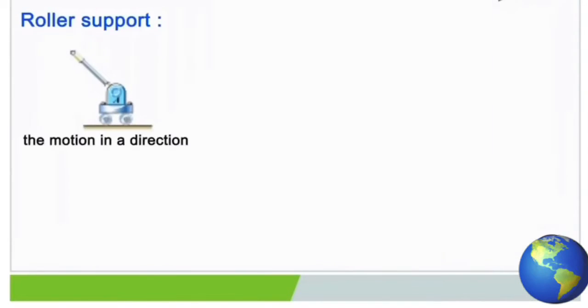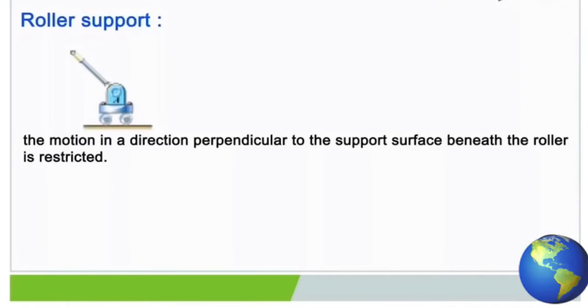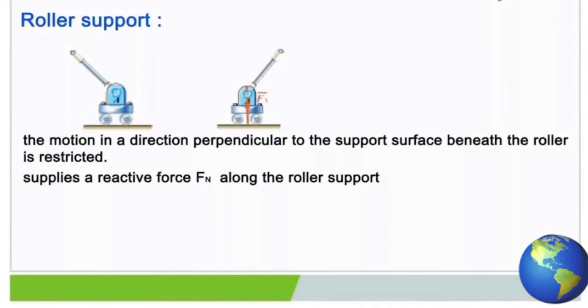Roller support. This is a roller support. The motion in a direction perpendicular to the support surface beneath the roller is restricted, so it supplies a reactive force Fn along the roller support, as this figure shown. This is its computing model.